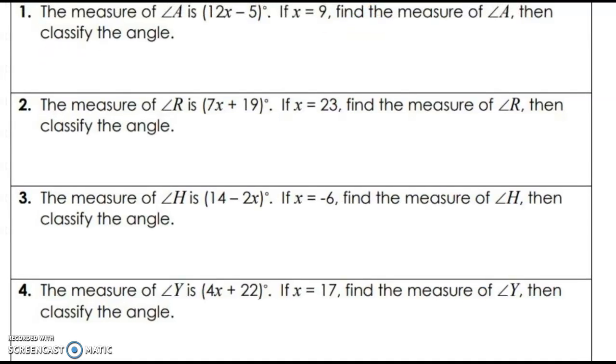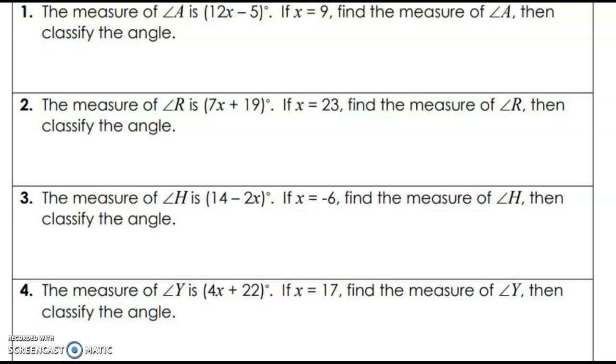So in this case, we are going to substitute x with the number 9. So we're going to rewrite our problem to find the measure of angle A as being 12 times 9, because we're replacing x with 9, minus 5.